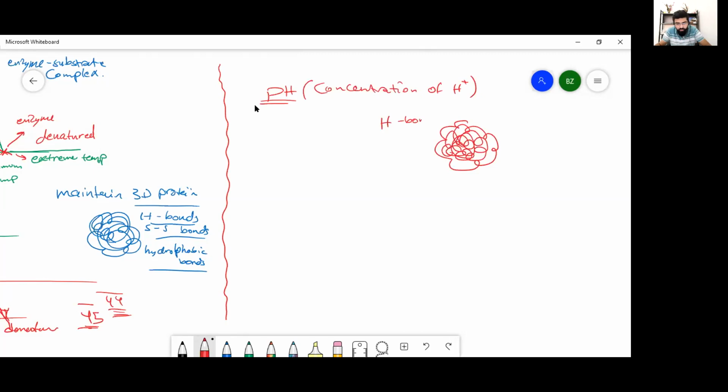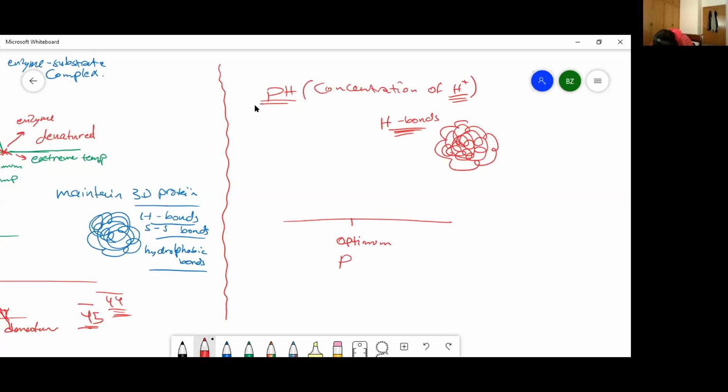So of course, the hydrogen concentration affects the hydrogen bonds. Any change in the pH directly denatures the enzyme. So every enzyme has an optimum pH.